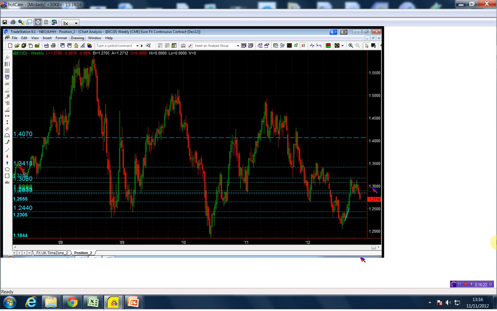So if we break below the 126.55, the next area we should be getting to would be in the whereabouts of the 124.40, and that is based upon the index. So the euro would be a sell for us.